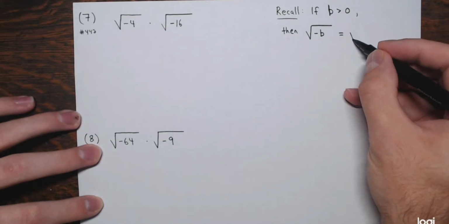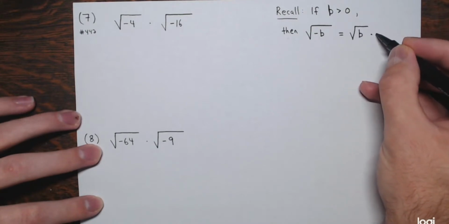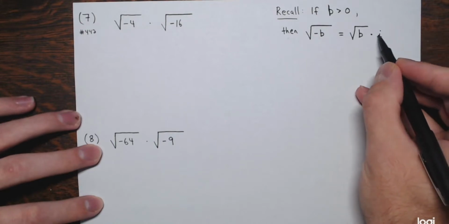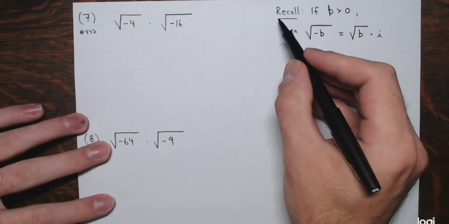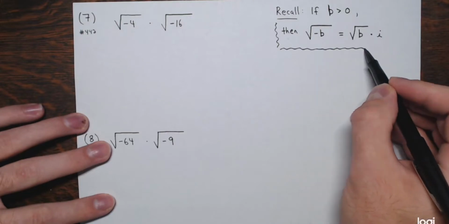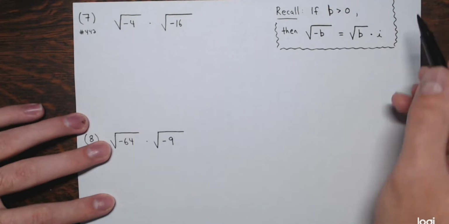So the square root of negative b is the square root of b times i, and make sure the i is not in the square root, right, that's not part of the square root. So yeah, you should be thinking this automatically whenever you see the square root of a negative number.